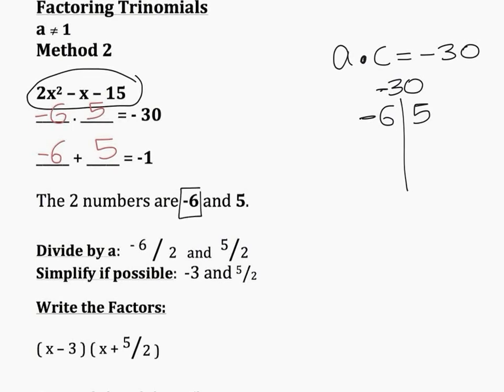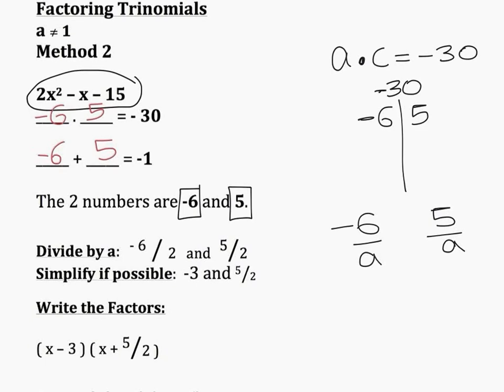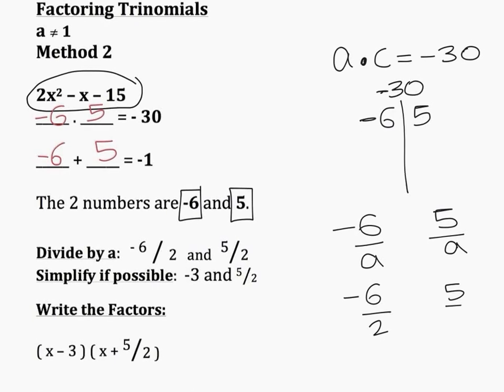Once you find those two numbers, negative 6 and 5, you divide by a. Now a in this case is a 2, so you have negative 6 over 2 and 5 over 2.